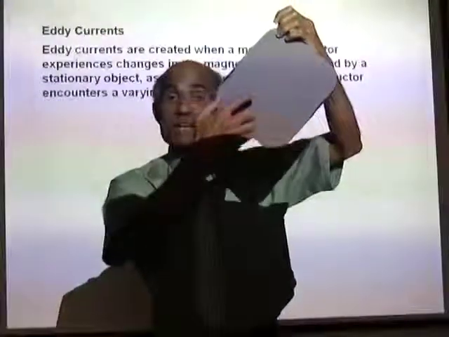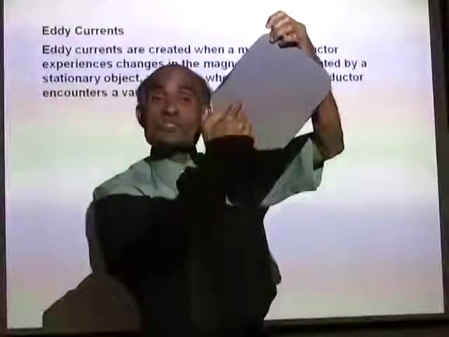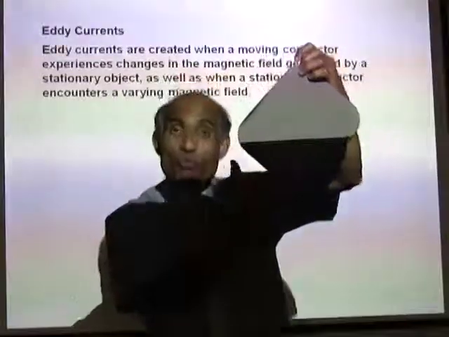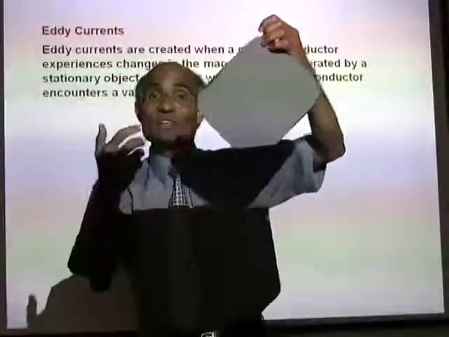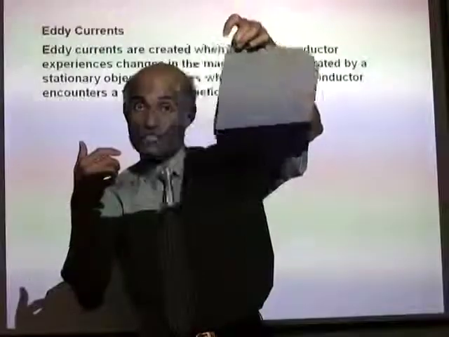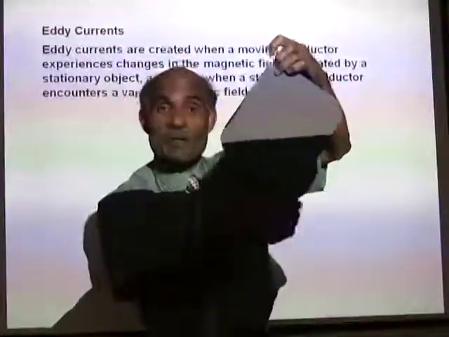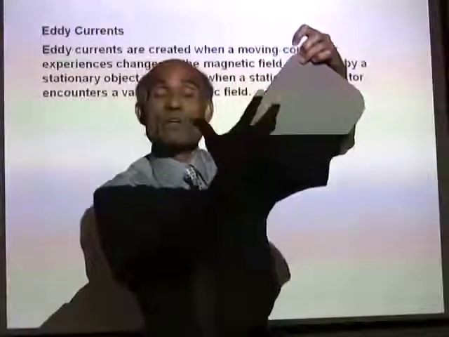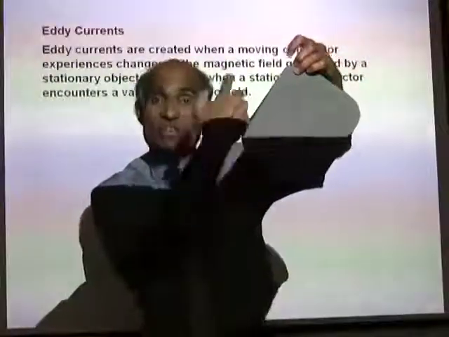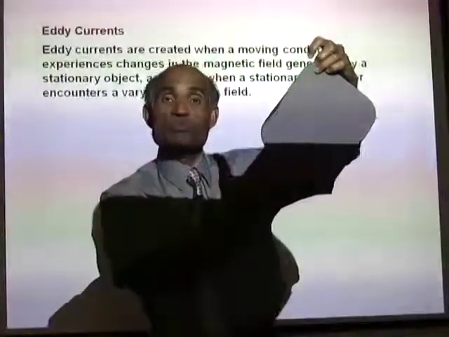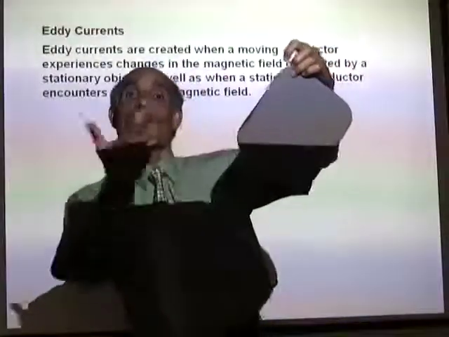And you know that the direction of the induced current will be such as to oppose the cause of it. The cause of the induction is the oscillation of this in the magnetic field. And therefore, the induced current producing a magnetic field will oppose that.